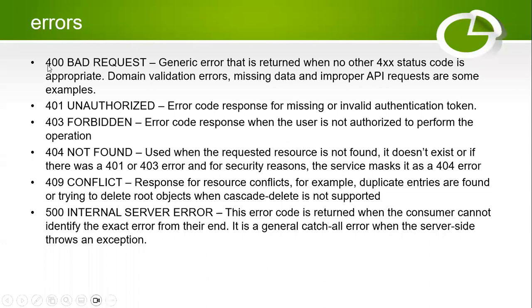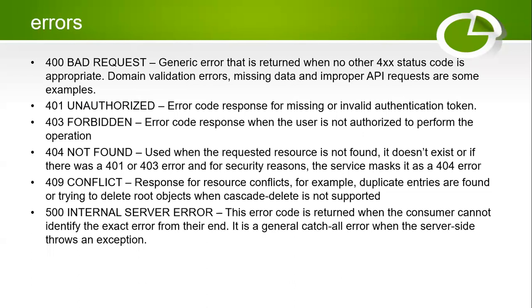There is the 100 series, 200 series, 300 series, 400 series, and 500 series. These are just examples. 400 bad request means you are not putting the request in a good way.